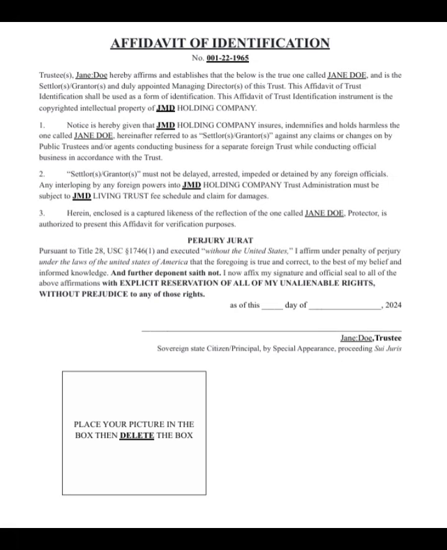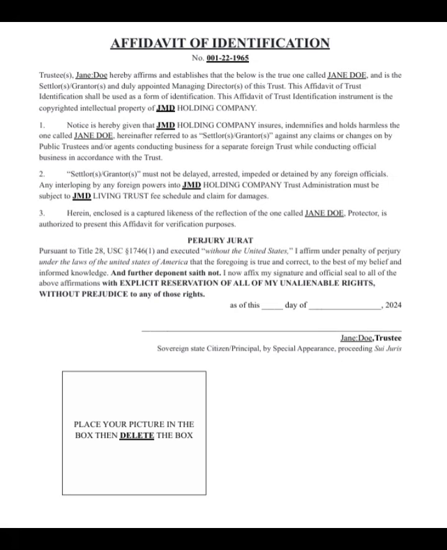Affidavit of identification, right? So here you go. You got your number, you got your EIN. So you're going to put your face right there, tie it right up into your EIN. Trustee does hereby affirm and establish that below is the one true called Jane Doe, settler grantor and duly appointed managing director. This affidavit of trust identification shall be used as a form of identification.